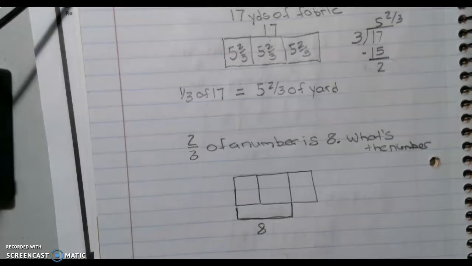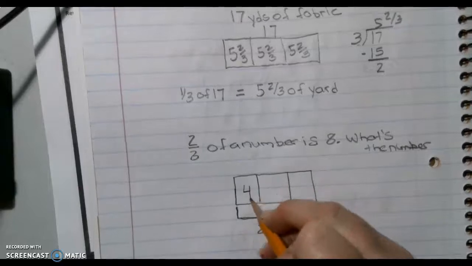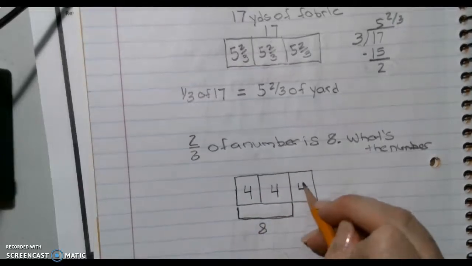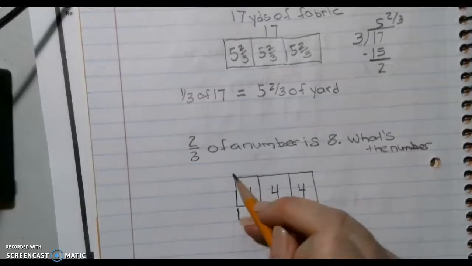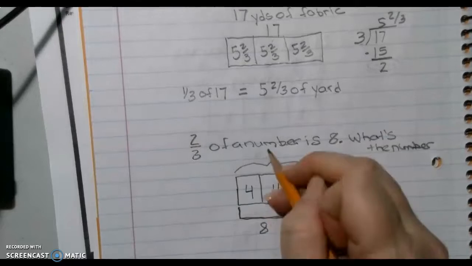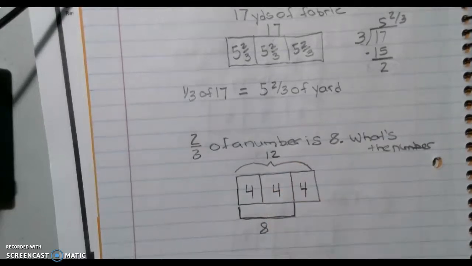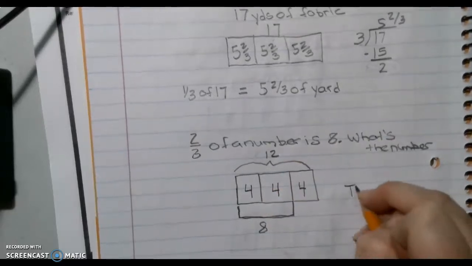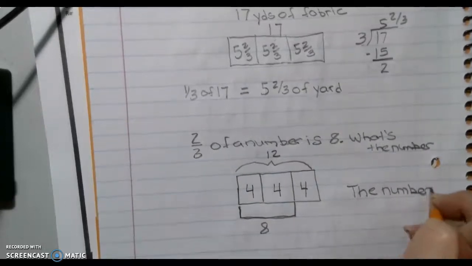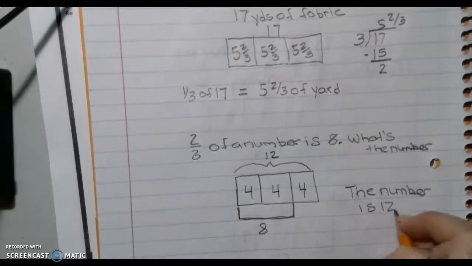Well, what's 8 divided by 2? That's right, it's 4. Well, if these two are 4 each, what's this whole piece going to be? That's right, 12. So the number is 12.